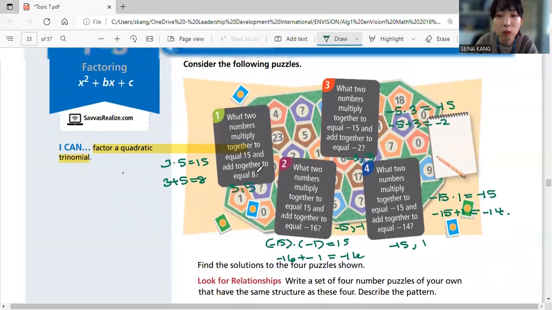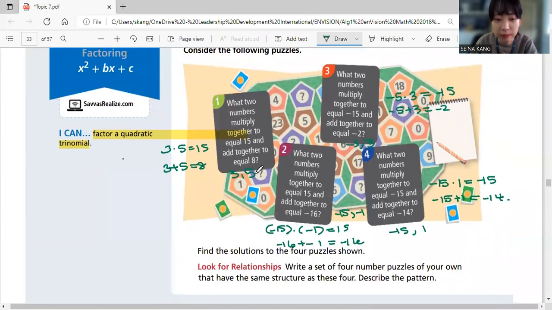So we're looking at the factors of 15 here. And that was part A. Find the solutions to the 4 puzzles shown. Part B, write a set of 4 number puzzles of your own that have the same structure as these 4. Describe the pattern. So what are the patterns that we see?